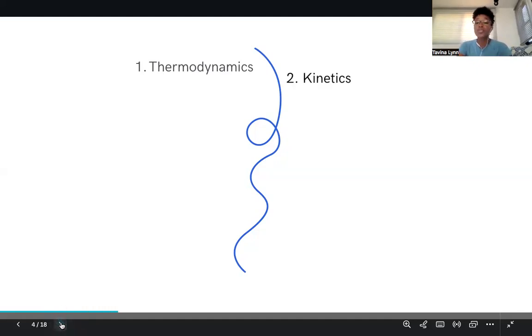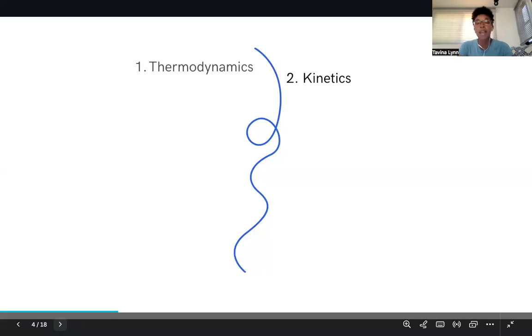Then we'll flow to kinetics. And this is all about if a reaction happens fast enough to matter, right? Looking at the speed of the reaction, looking at the pace at which the reaction happens, right?